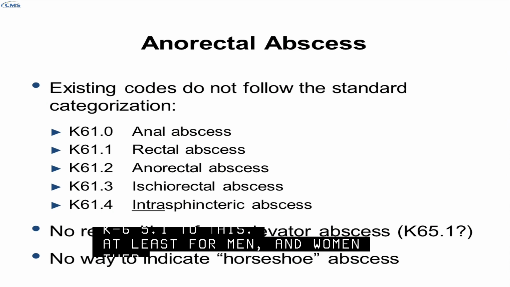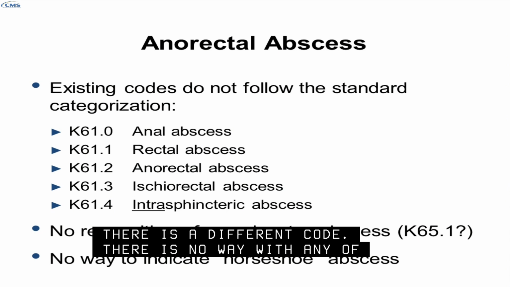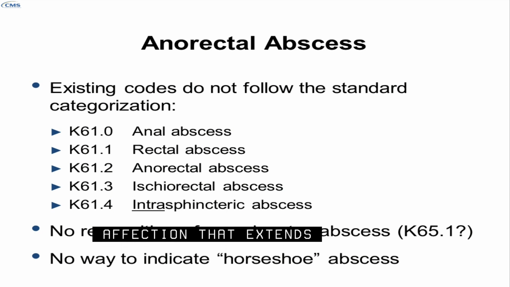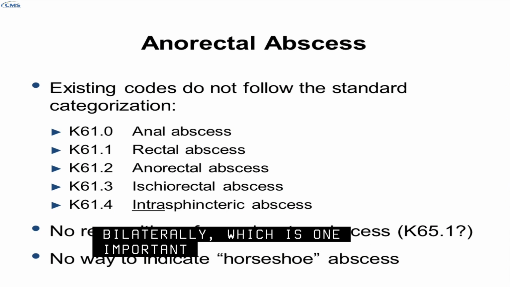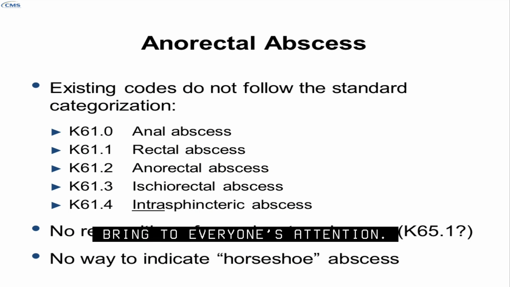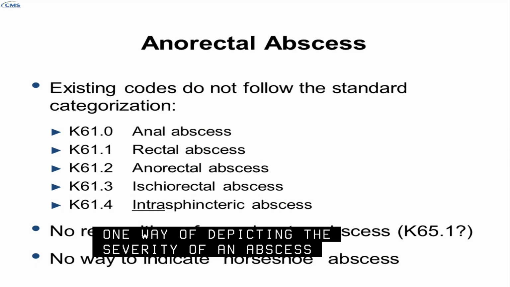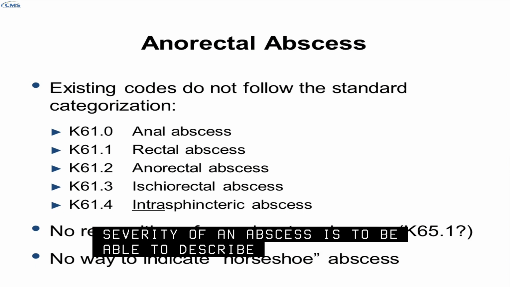There's no way with any of these codes to indicate an infection that extends bilaterally, which is one important problem that we would bring to everybody's attention. One way of depicting the severity of an abscess is to be able to describe that it's enveloped around the posterior aspect, so it involves both sides.